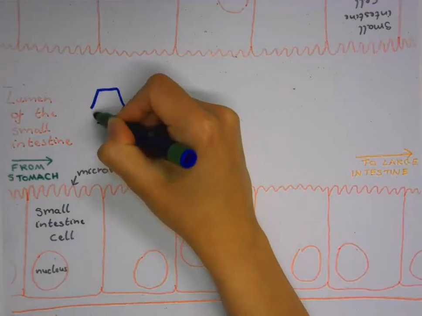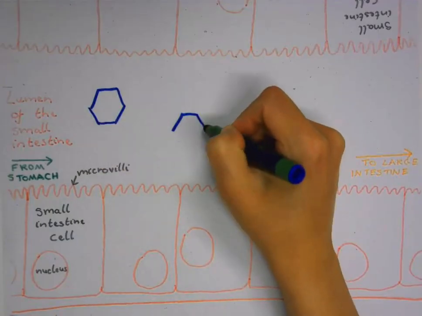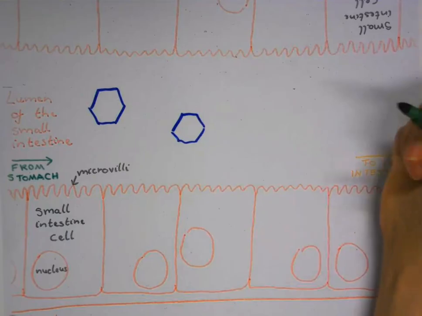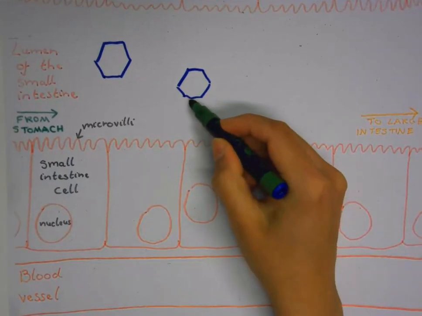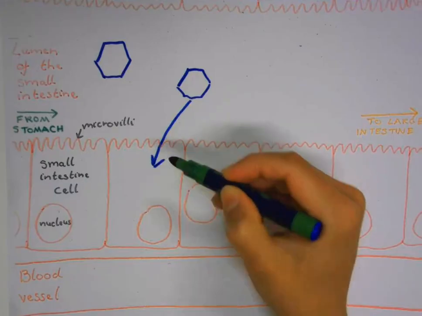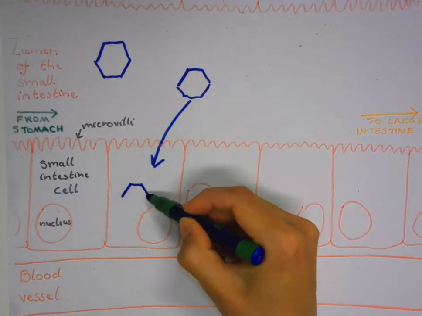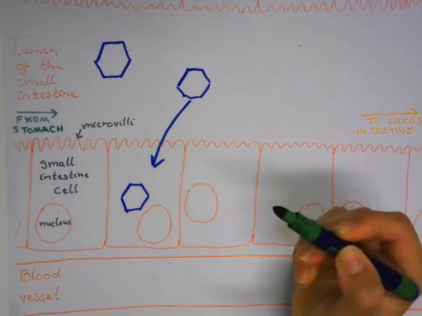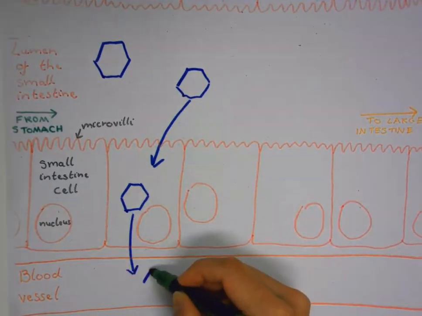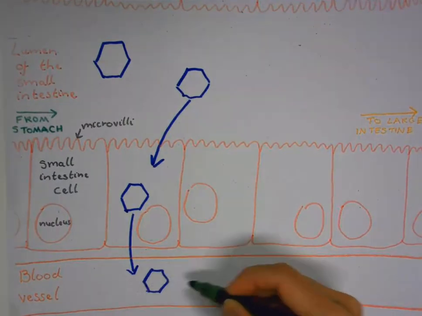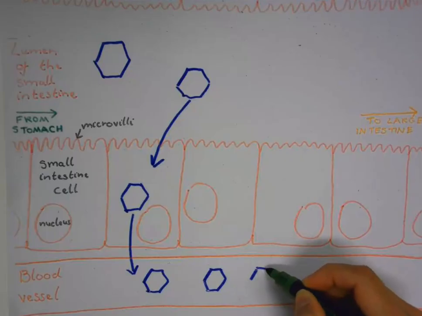So here we have glucose entering the small intestine, and glucose is a monomer, a monosaccharide. And the glucose is going to get absorbed by these small intestinal cells. It's going to go into the small intestinal cells, and then it's going to move into the blood vessels. So you're going to have lots of glucose entering your blood vessels.